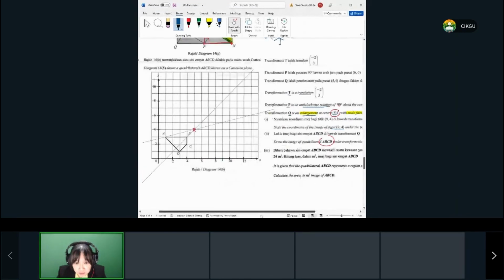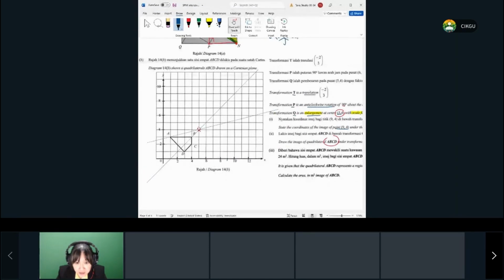You see these 2 lines, it's connecting A to B. A to B has how many boxes? 3 boxes. So when you enlarge to the opposite side, from 3 boxes, it has to be 6, because it became 2 times as big. The value of the scale factor is 2. So the image is 6 boxes. So you need to find where the 6 boxes are.